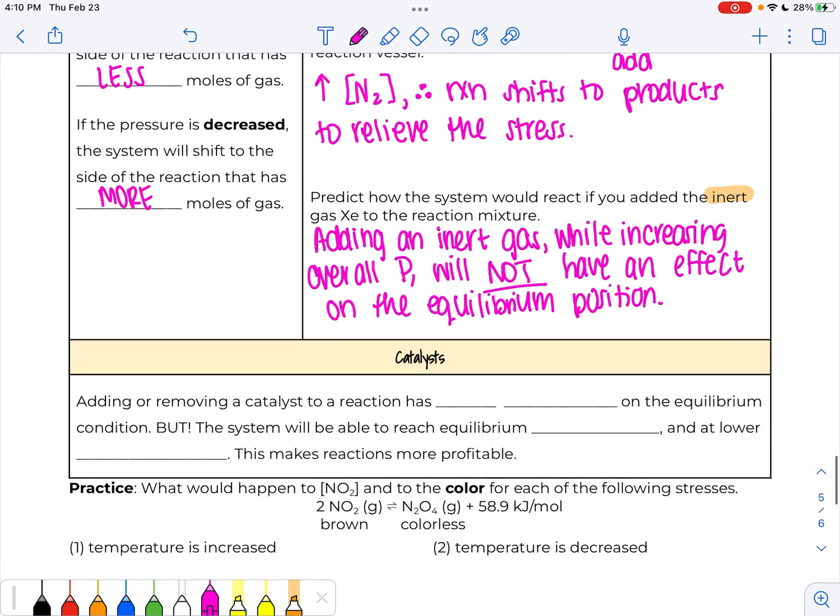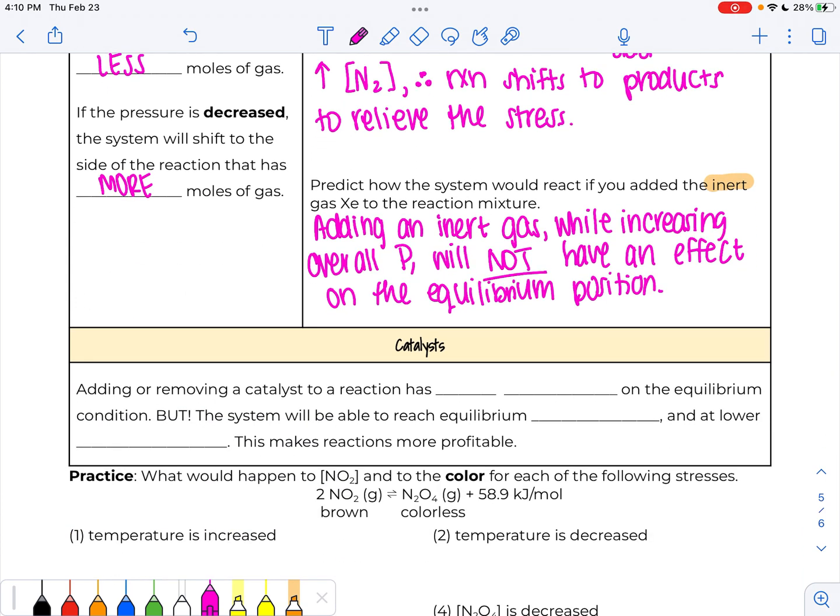All right, last stressor, catalyst. Adding or removing a catalyst to a reaction has no effect on the equilibrium condition.